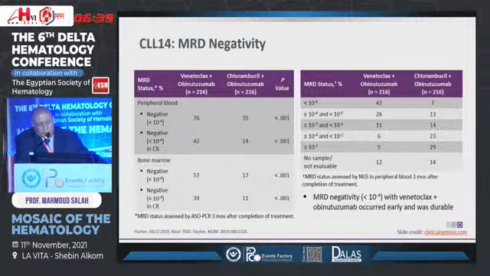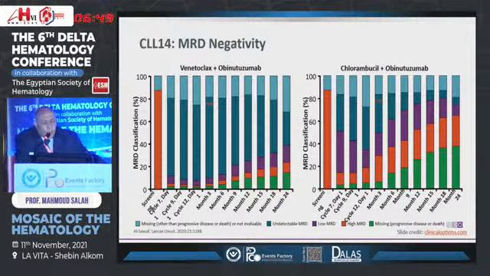So the MRD negativity with less than 10 power minus 4 with venetoclax and obinutuzumab occurred early and was durable. Also, the MRD negativity was sustained. It started early and it was sustained all through the study in the arm of venetoclax and obinutuzumab comparing with the chlorambucil arm.